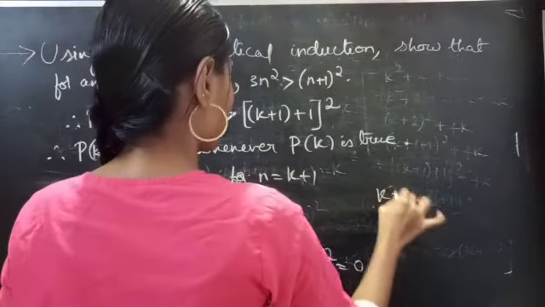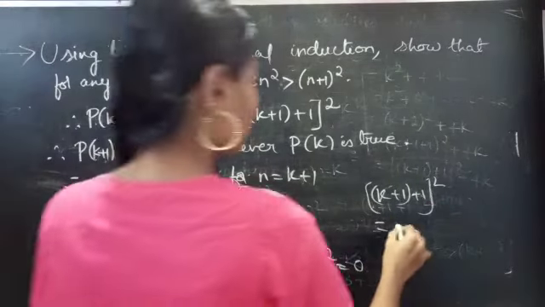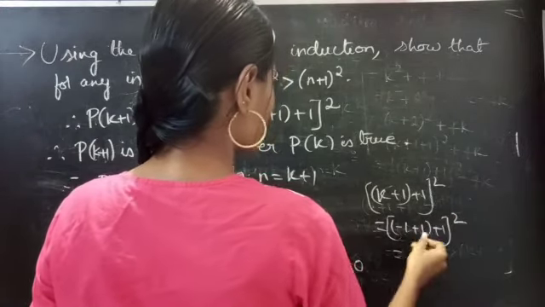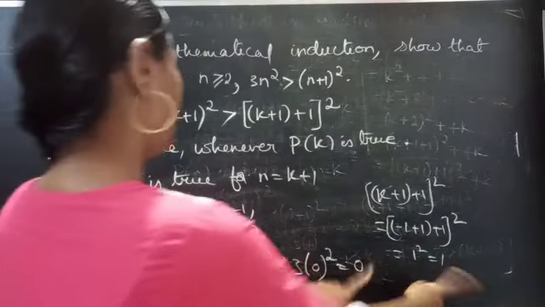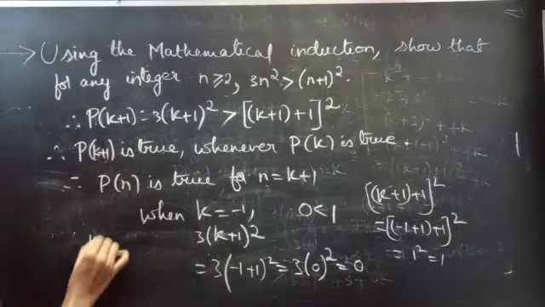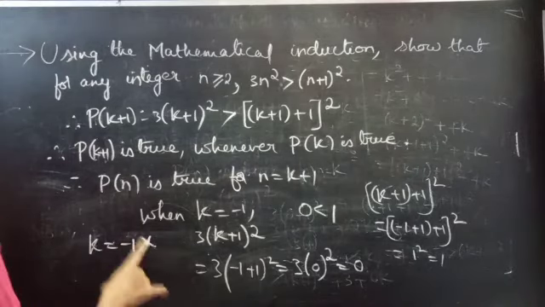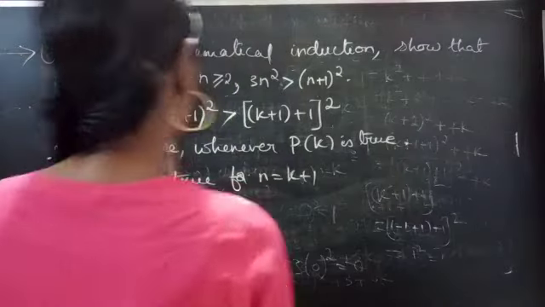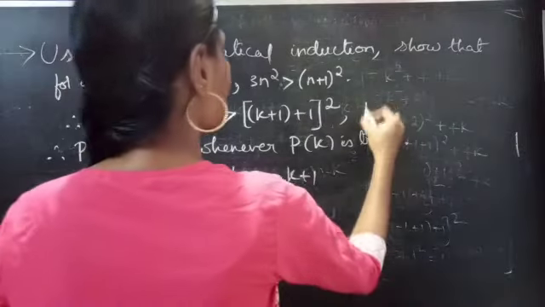Now coming to RHS, put k equals to minus 1, you'll get minus 1 plus 1 plus 1 whole square is equals to 0 plus 1, 1 square is 1. Is 0 greater than 1? No. 0 is less than 1. So here we can say that this is not possible when k equals to minus 1, right? So from this we can say that the statement is true when k is greater than 0.